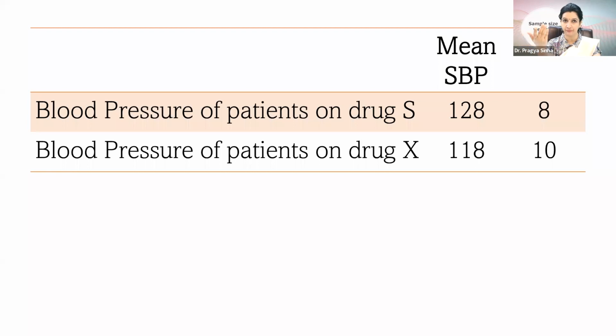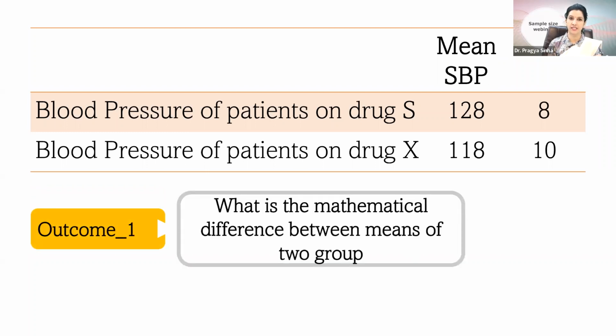So maybe in the patients who are on drug S, the mean systolic blood pressure is 128 with a standard deviation of 8, and the blood pressure of patients on drug X is 118 with a standard deviation of 10.